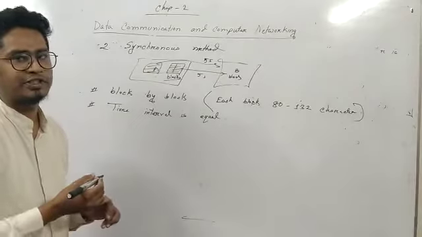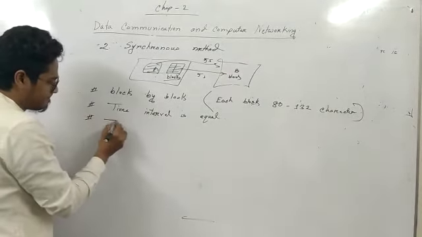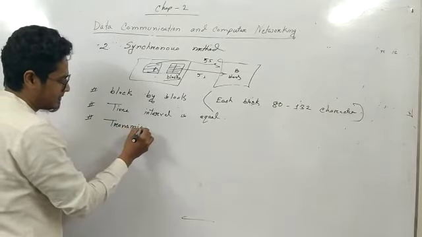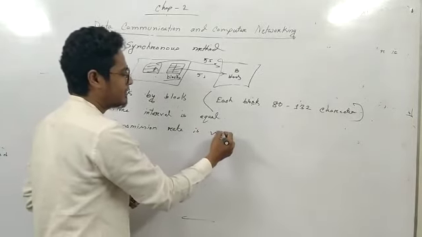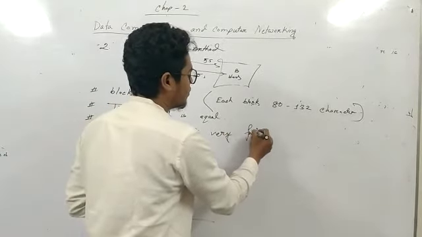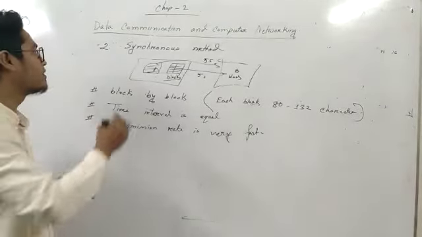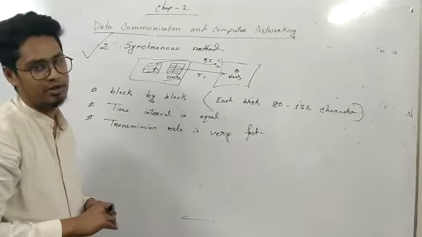Data transmission speed will be very high, and the data transmission rate is very fast. So we can say that from these two, the synchronous method is a very fast data transmission method.